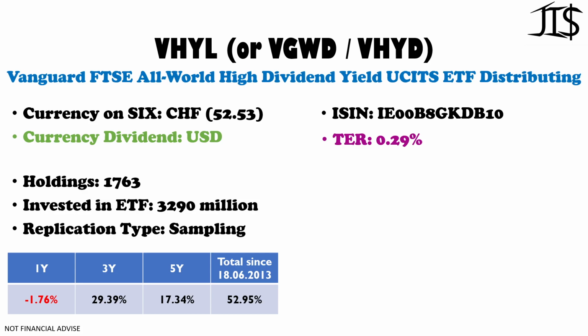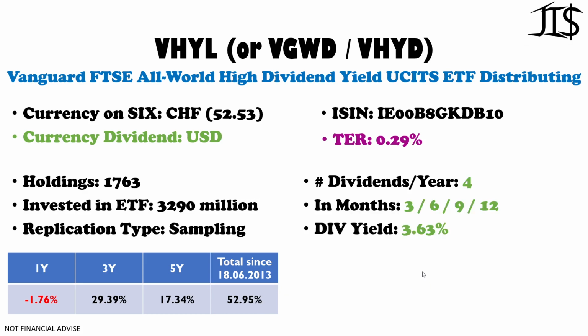So again, the last year minus 1.75 more or less. The past 3 years almost 30% up, and the past 5 years 17% up. And the total since its inception is 53%.